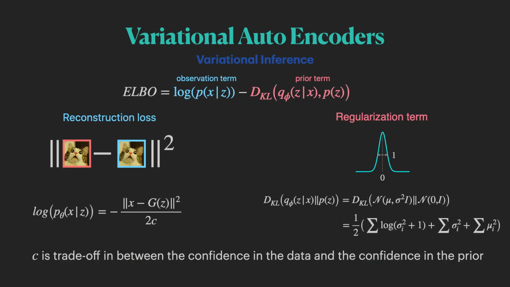So if we put it together, in order to get to the loss function that we know, we basically assume that the variance is equal to half, but actually the variance C is a trade-off between how confident we are in the data and how confident we are in the prior, and we'll see later how we can use that for different benefits.